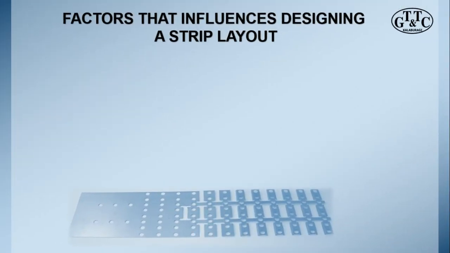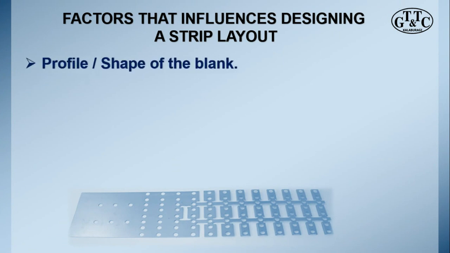There are certain factors that make you think of designing a strip layout. The first one is the profile or the shape of a blank or a component. The shape of a component matters a lot when designing a strip layout.